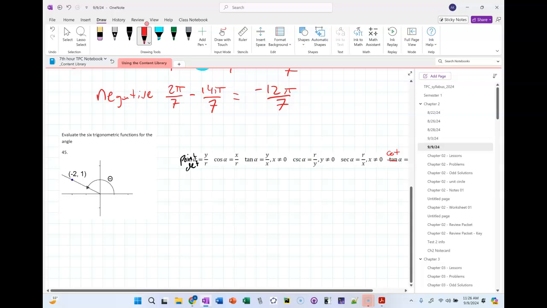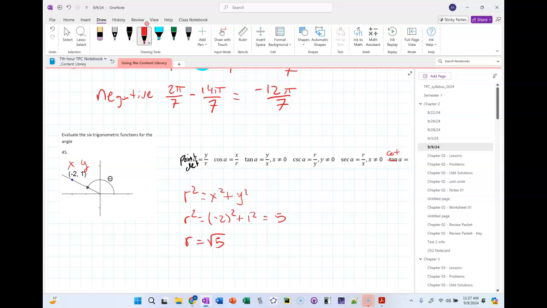That's a typo. So x is -2, y is 1. I still have to find r. I know that r squared is x squared plus y squared. So r has to be the square root of 5.